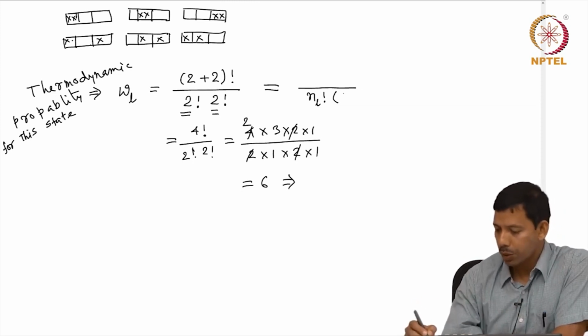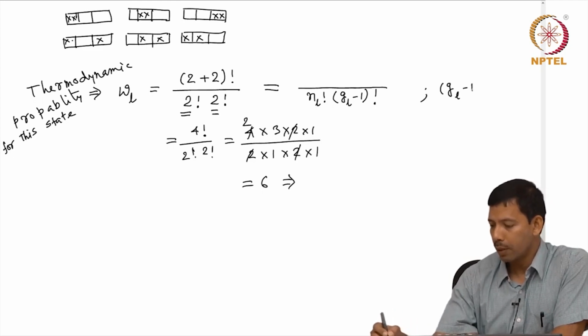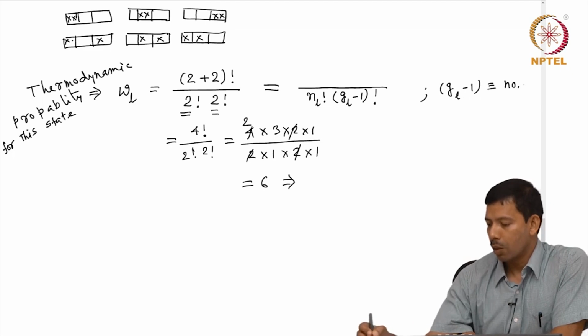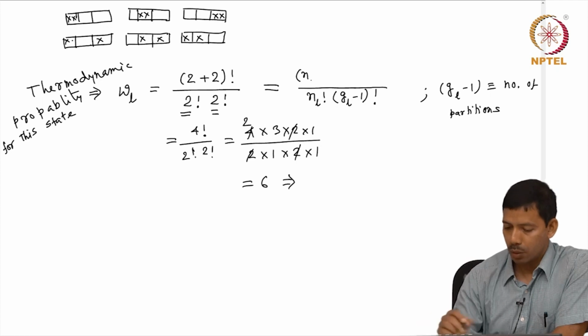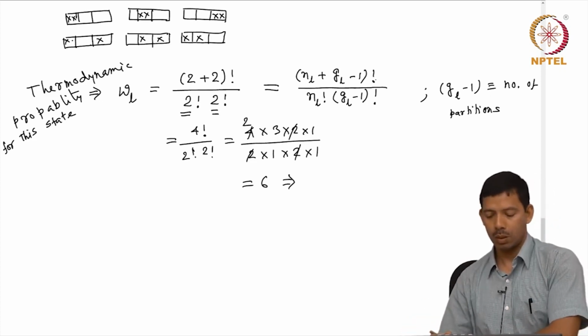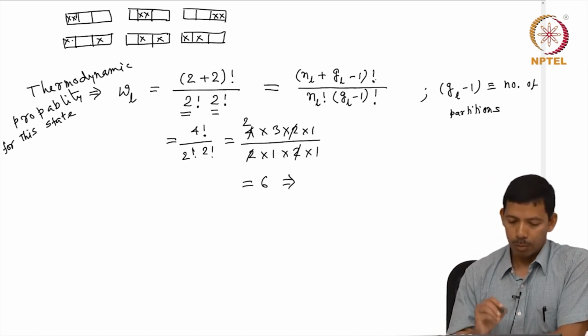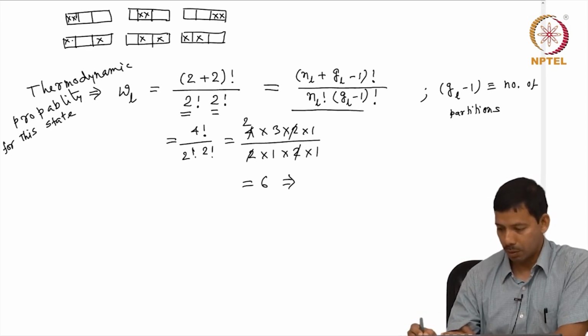So if my degeneracy was GL, the number of partitions required is GL minus 1 factorial, where GL minus 1 is nothing but the number of partitions, and on the top we write NL number of particles plus GL minus 1 factorial. So this is the thermodynamic probability for that particular state in terms of energy levels.